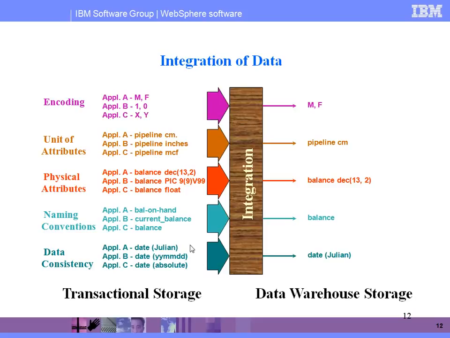We want to convert the names of all these different columns into a single column name, because all the columns we receive from the source systems represent the same thing. We need to maintain the data as balance.